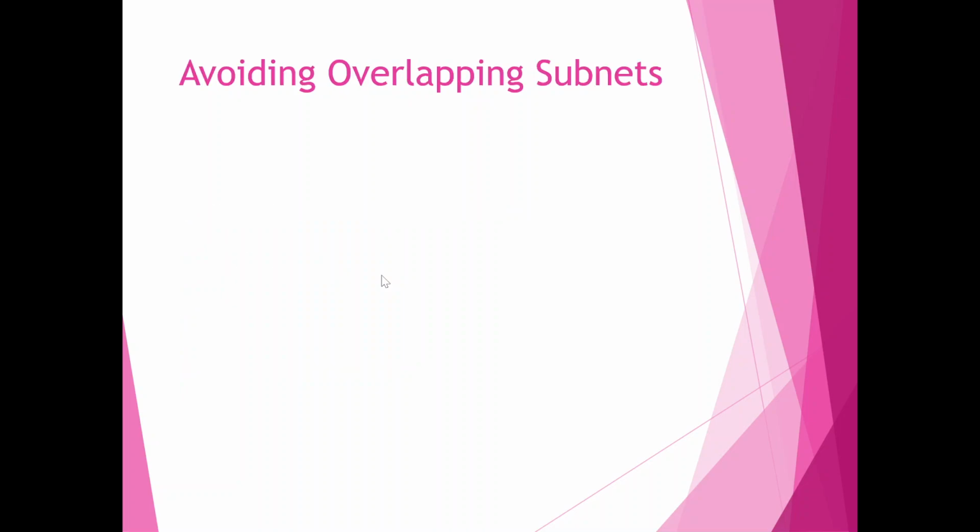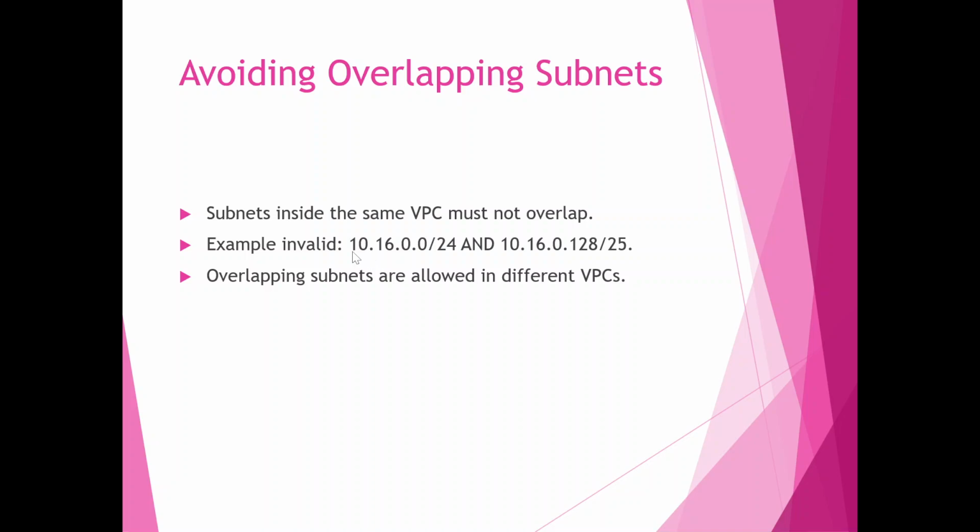Next we'll see how to avoid overlapping subnets. Subnets in two different VPCs can overlap, but inside the same VPC they must not overlap. If you take two different VPCs, subnets can overlap, but subnets inside the same VPC must not overlap. An example of an invalid subnet is 10.16.0.0/24 and 10.16.0.128, so it's invalid.